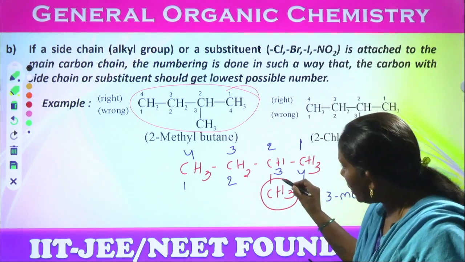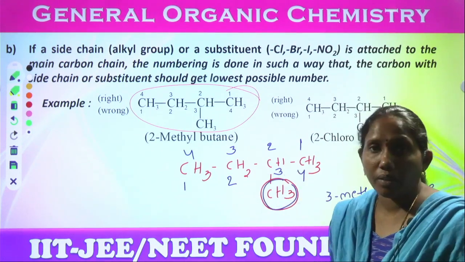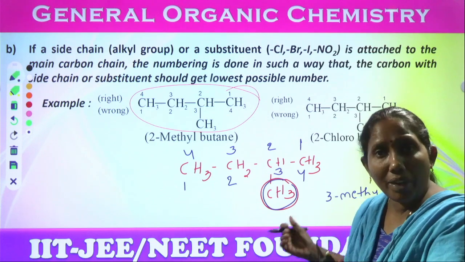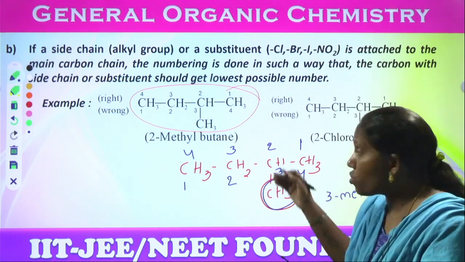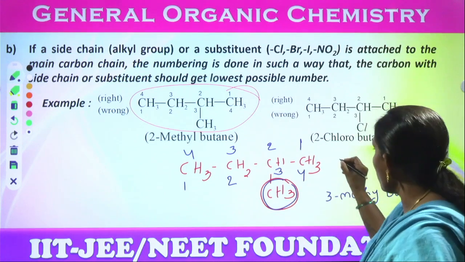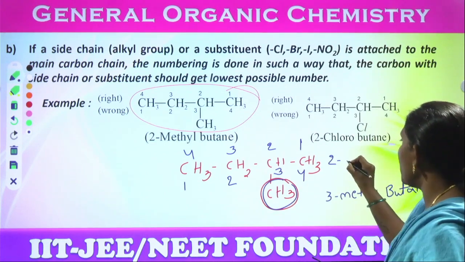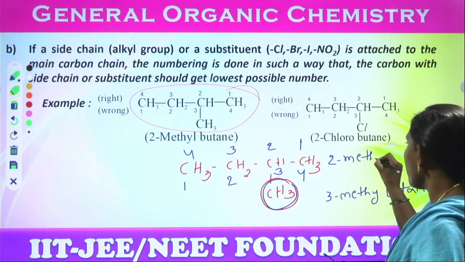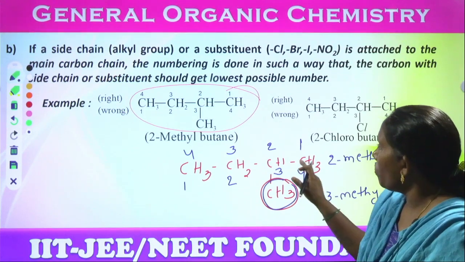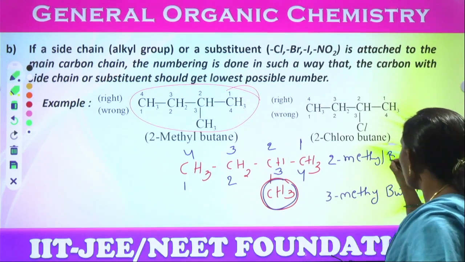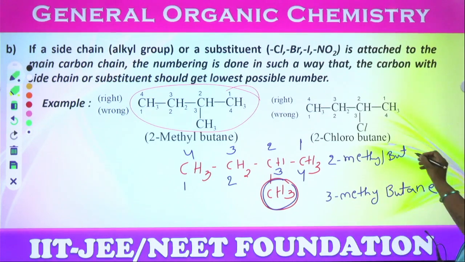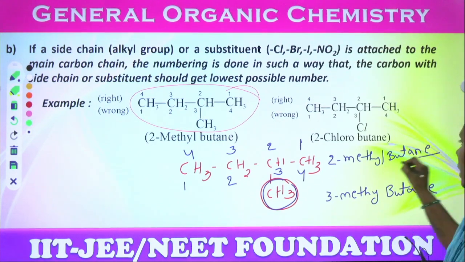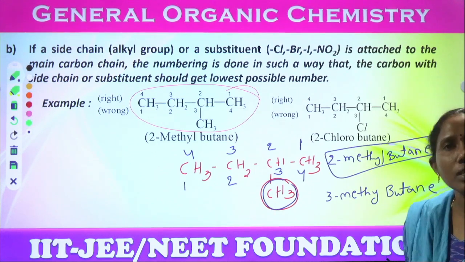Here the substituent is at the second carbon, so the prefix is 2-methyl. With 4 carbons, the root word is but and the primary suffix is ane, butane.